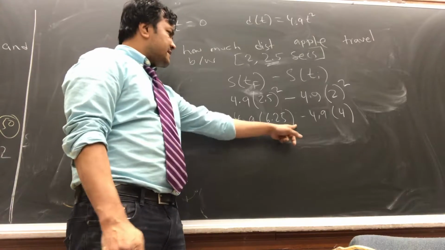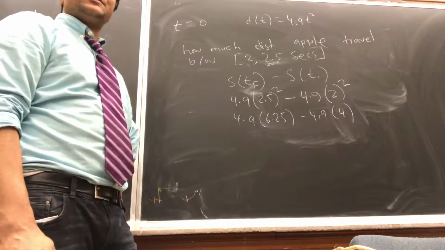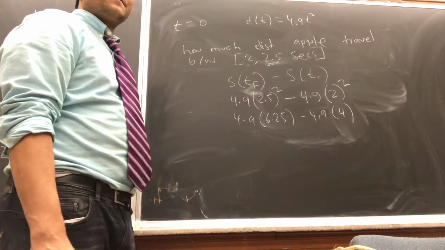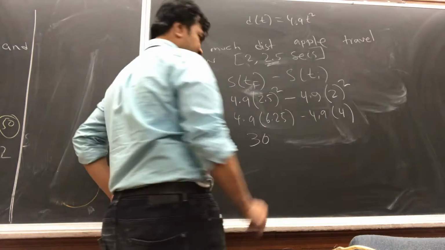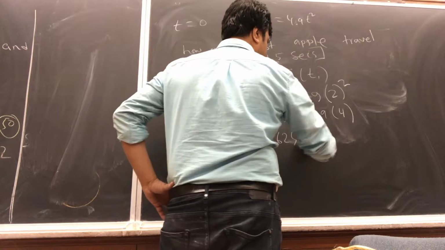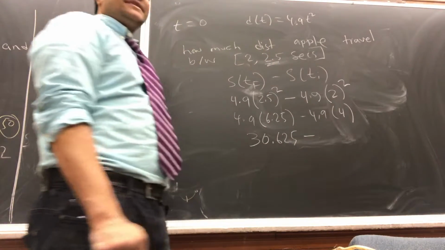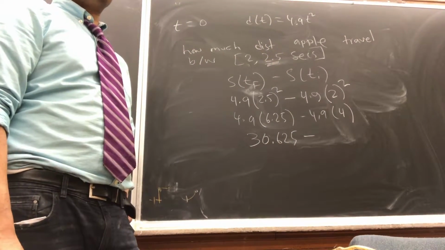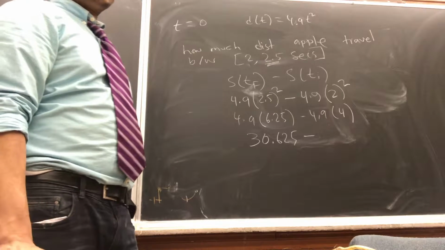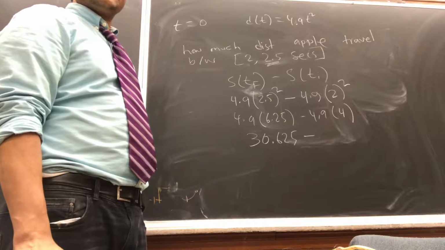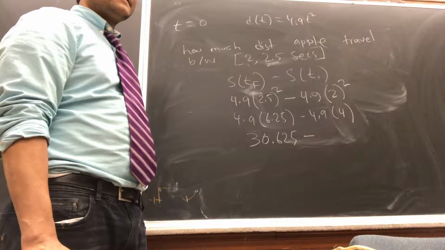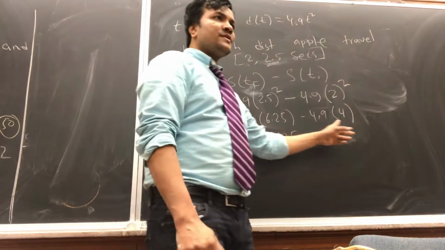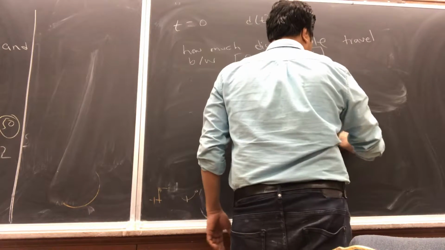Now 4.9 times 6.25 is how much? 30.625, minus 4.9 times 4, which is very close to 20, 19.6.